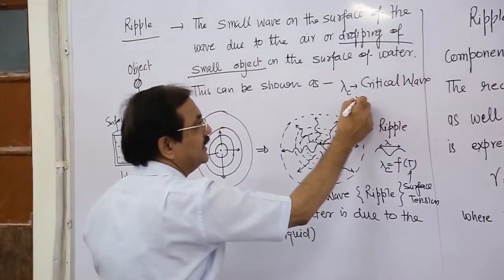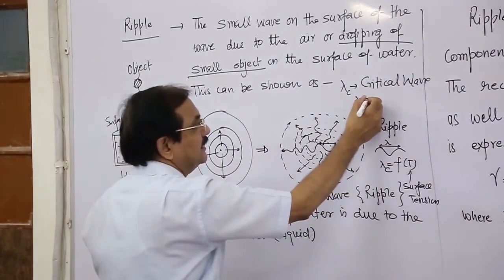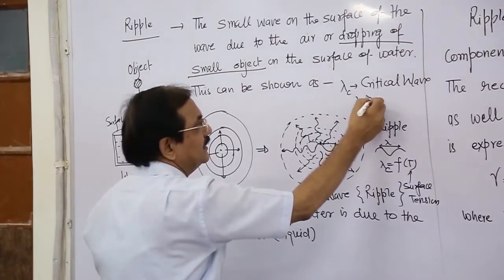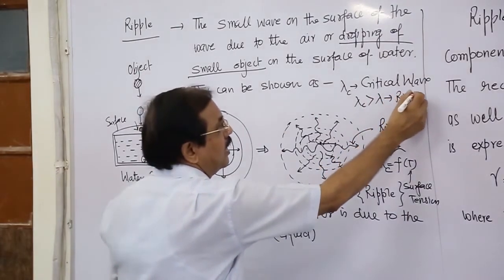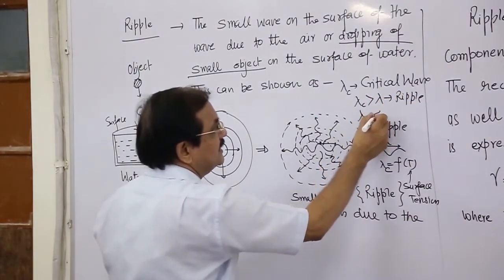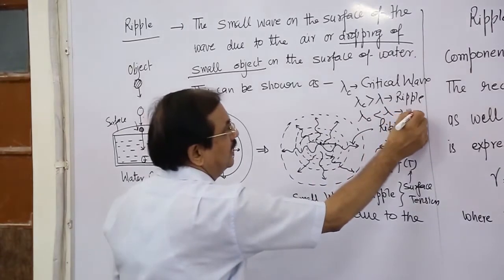If lambda c is greater than lambda, then it is called a ripple, and if lambda c is less than lambda, then it is called a wave.